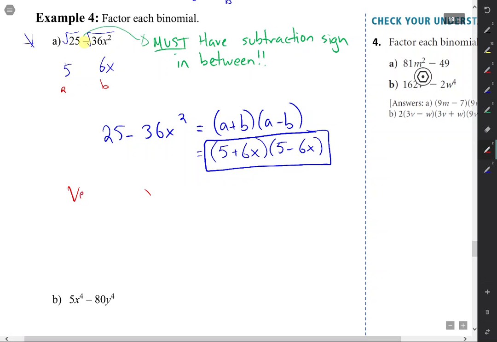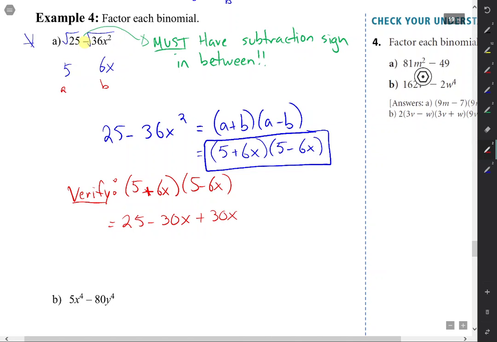So I'm going to verify my answer to prove that this works. So we have 5 plus 6x times 5 minus 6x. So if we were to FOIL this, we would have the first terms, 5 times 5 is 25. The outside would be 5 times negative 6x, which is negative 30x. Then the inside terms would be plus 6x times 5, that's plus 30x.